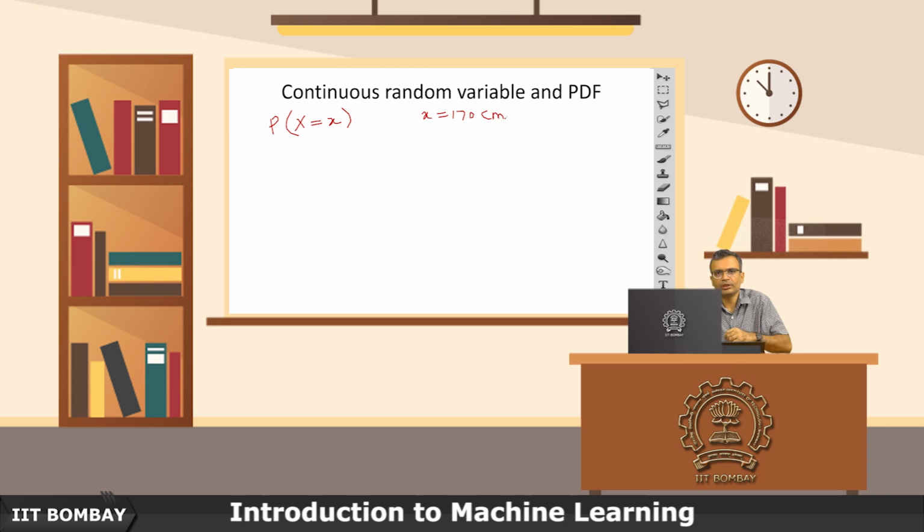Now there is going to be no one in the class who will have a height of exactly 170 centimeter. Some of them may be slightly below 170, some of them may be slightly above 170, but 170 is a very precise number, and usually if you have a continuous variable, you do not get a very precise value.